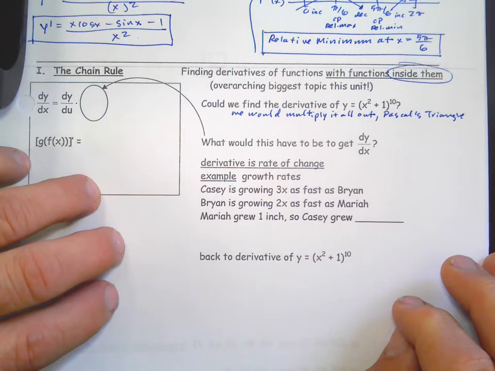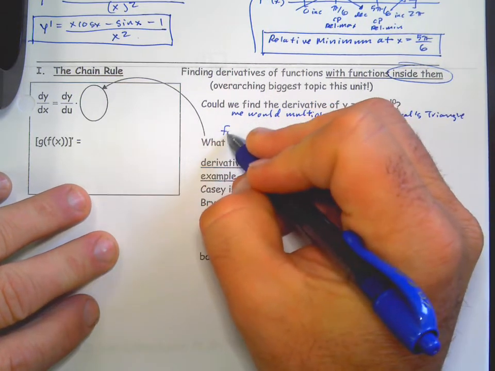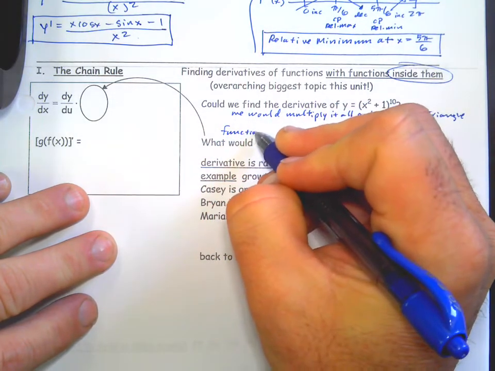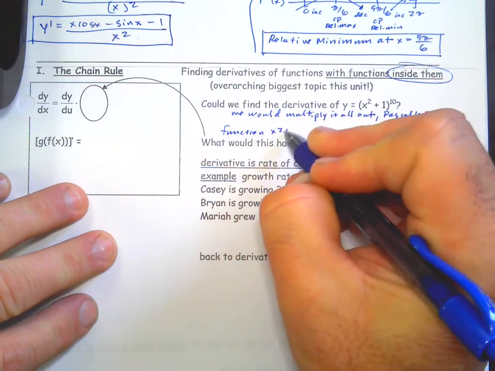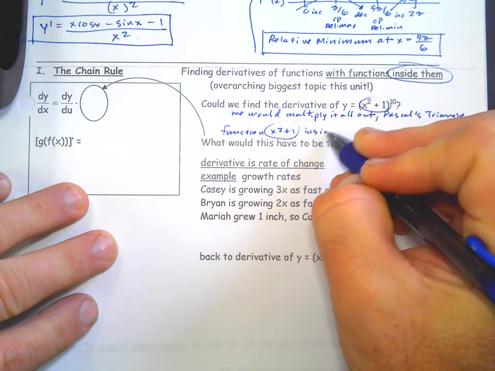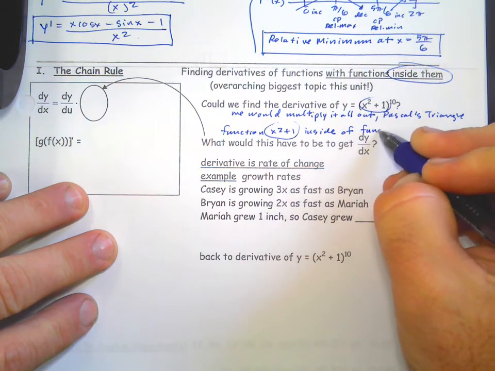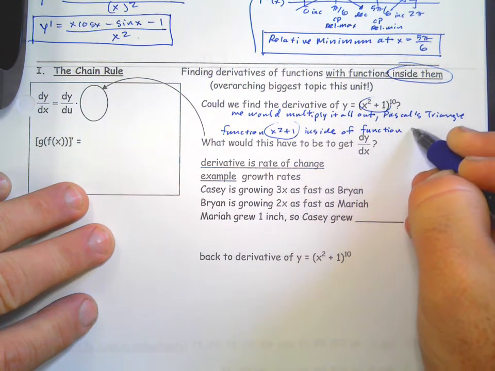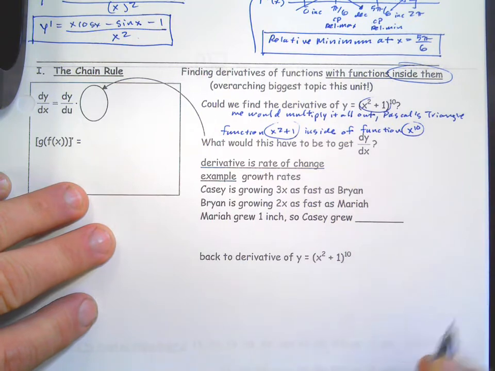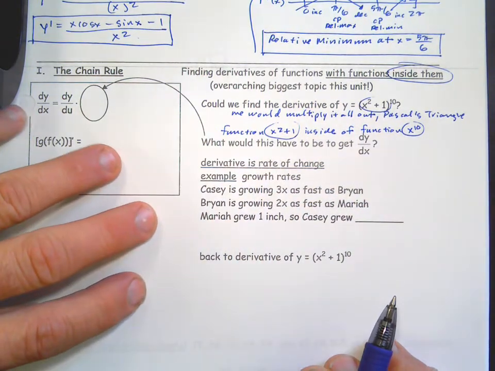But I want to look for a better way. You might notice that there is a function, x squared plus 1, inside of another function that we could think of more simply as just x to the 10th, right? This got put inside of that. So how do we deal with that?